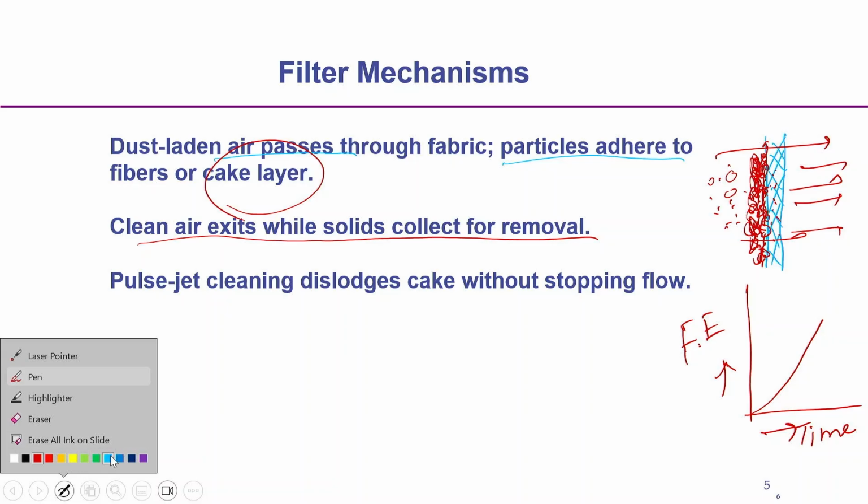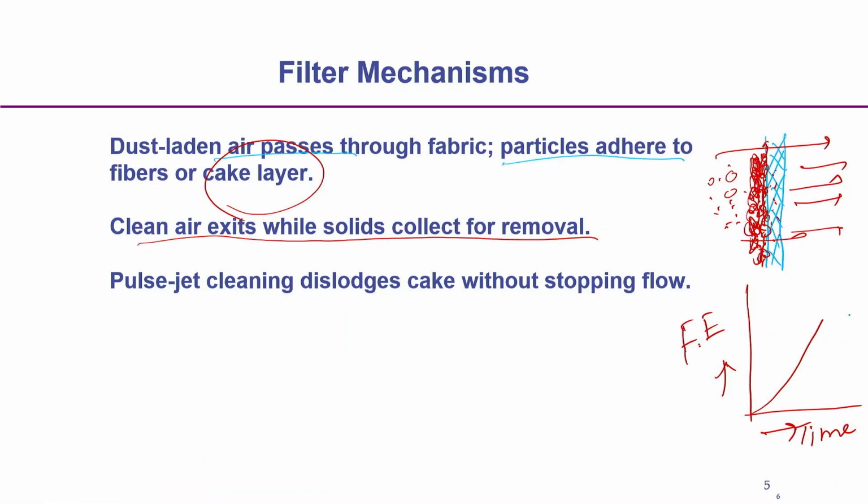Now, what about the other axis? This is the y1 axis and the y2 axis. With time, as the layer of cake or particles deposited on the surface increases in thickness, the pressure drop will also increase, which we do not want.